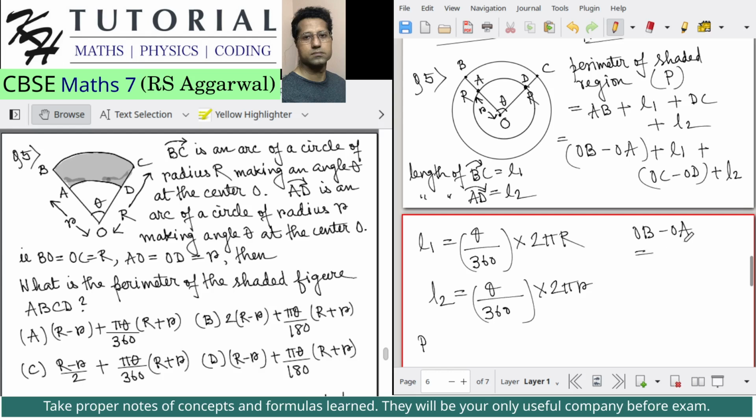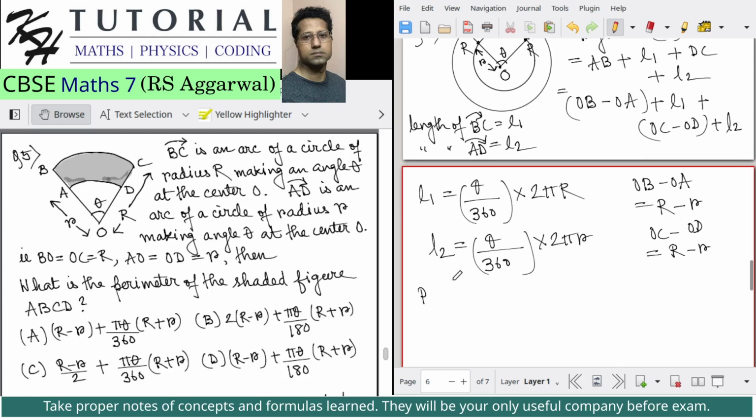OB is nothing but the radius of the bigger circle, that is capital R. And what is OA? OA is the radius of the smaller circle, that is small r. So OB minus OA is capital R minus small r. And what is OC minus OD? OC is also capital R and OD is also small r.